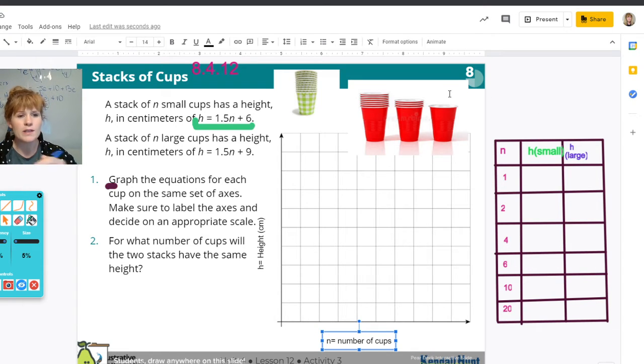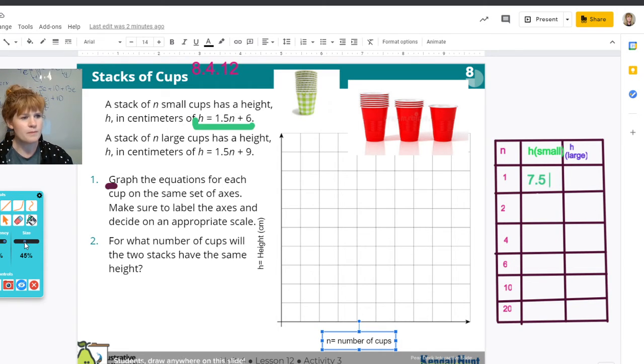So that's going to be 1 cup stacked on top. Okay, got it? N equals the cups stacked on top. So the first cup is 6, but we have 1 stacked on top. So 1.5 plus 6 is 7.5. That's for the small cup.